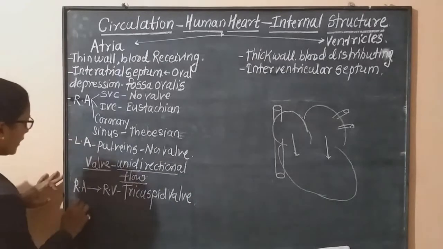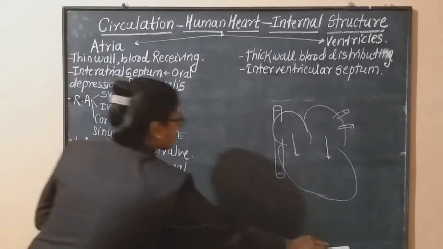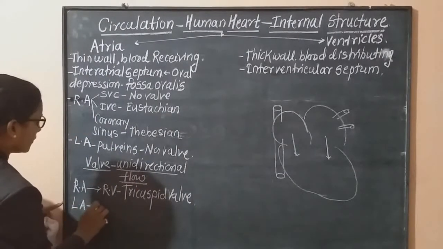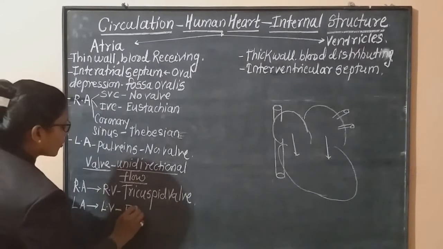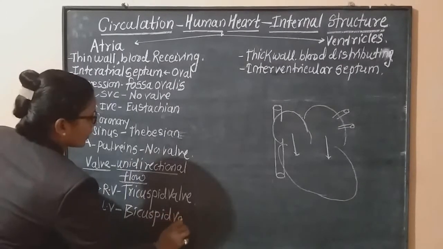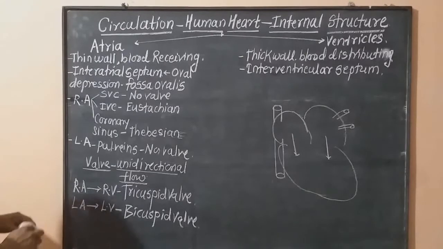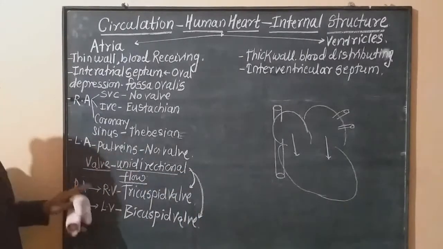The left atrium opens into the left ventricle, and it is provided with the bicuspid valve. These valves maintain the unidirectional flow of the blood.